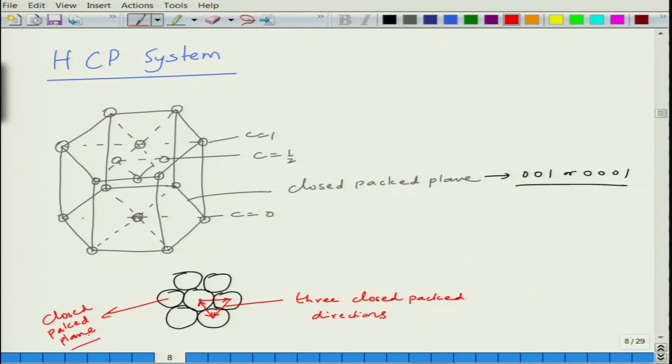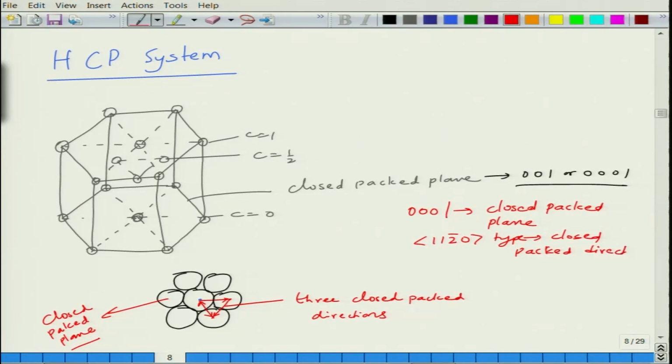So, basically if the 0 0 0 1 plane is the closed packed plane, the directions which lie in them are of the 1 1 bar 2 0 type. These are closed packed directions.